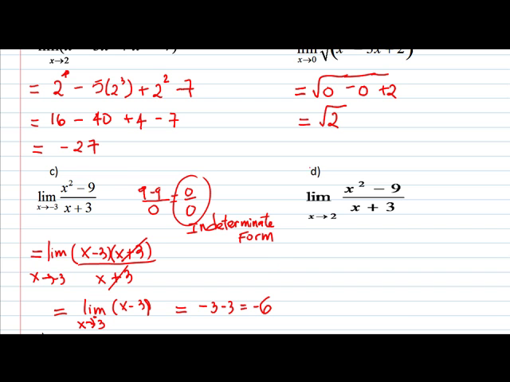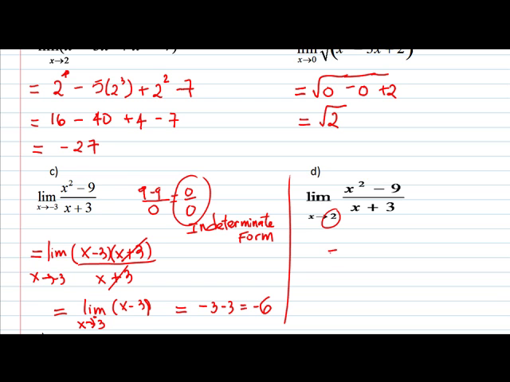Now same problem, but now I'm asking you to find the limit when x goes to 2. You see, when x goes to 2, this 2 belongs in our domain. So when x equals exactly 2, nothing happens to our domain.